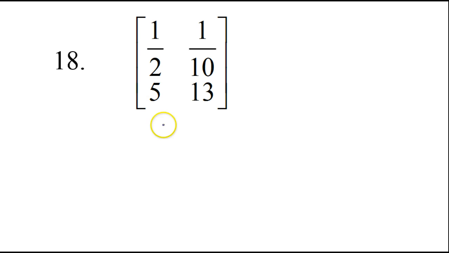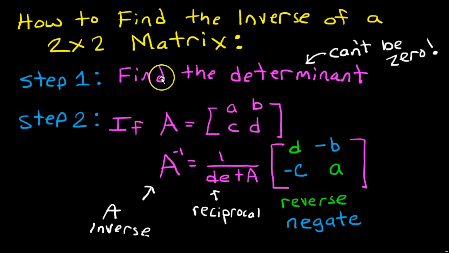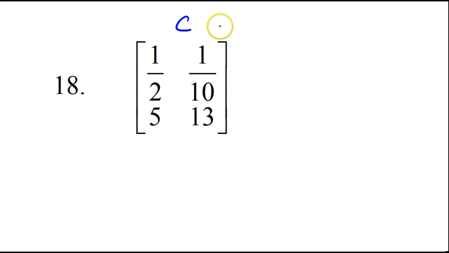Let's try number 18. Okay, let's call this matrix C. So, step 1, find the determinant. Step 2, the inverse will be the reciprocal times the reverse negate matrix. So step 1 is to find the determinant of matrix C. So that's going to be the down diagonal minus the up diagonal.